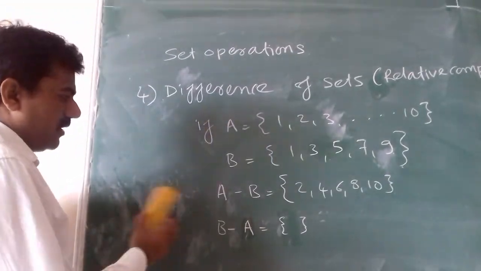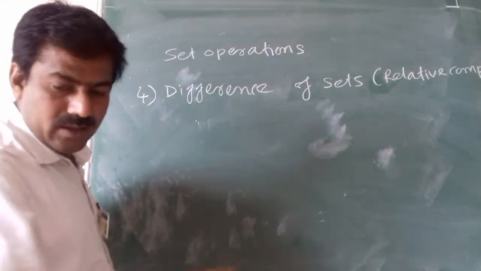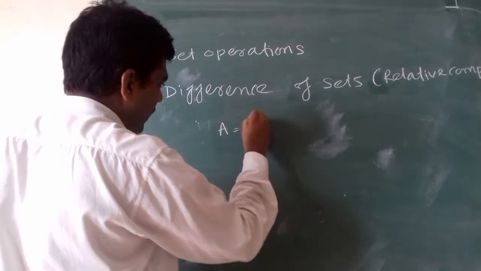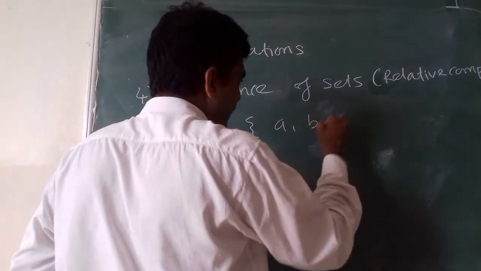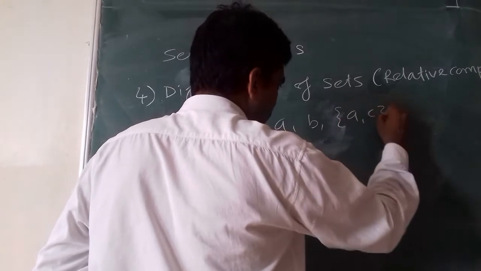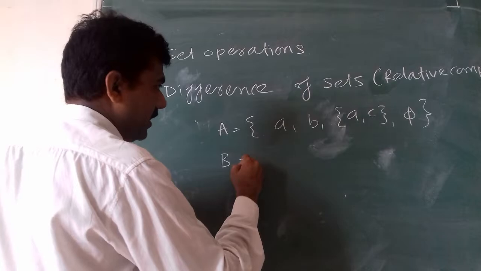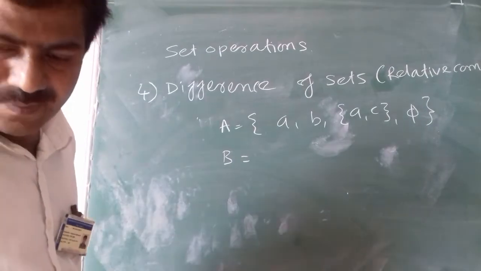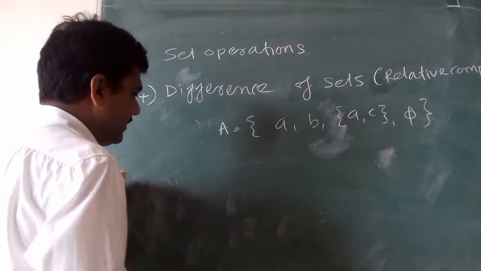So let's have another example. If capital A is a set which contains the 4 elements a, b, c, and 5, these are the 4 elements of A. Let's say B is not here, only set A is given.